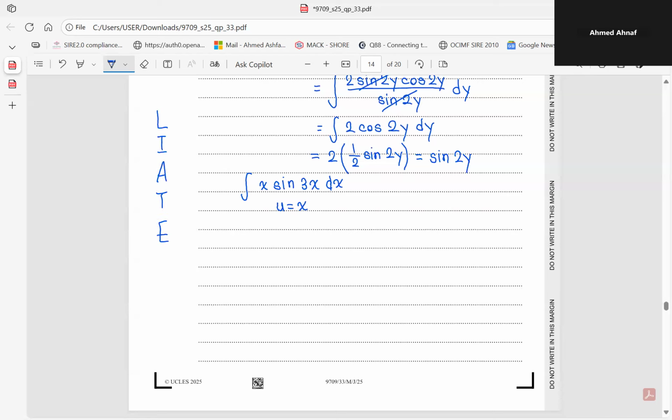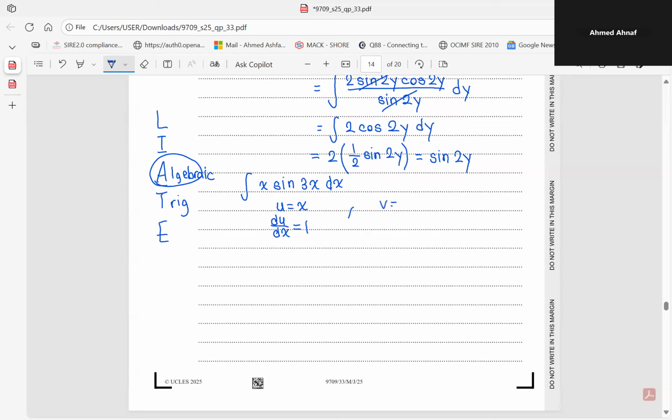Whatever comes before, you let that be u. We have the algebraic function and the trig function. Since algebraic comes before trig, you let the algebraic be the u. So hence, u is x and du/dx would be 1.